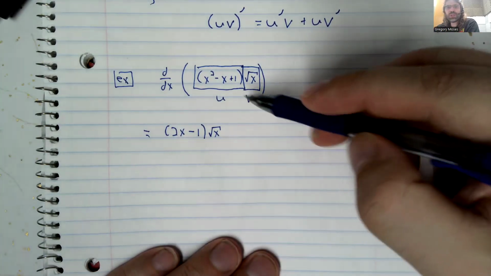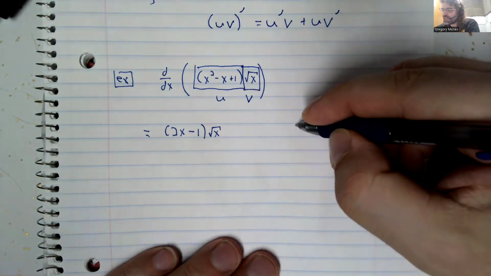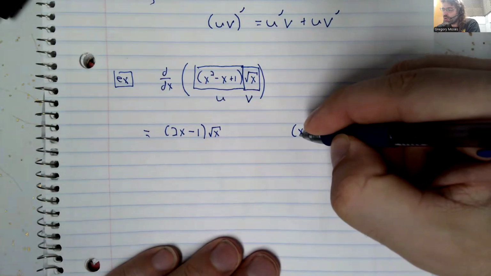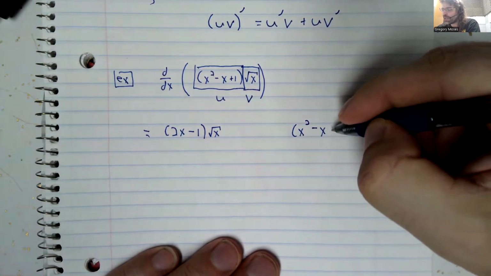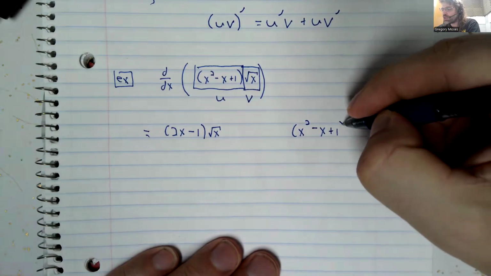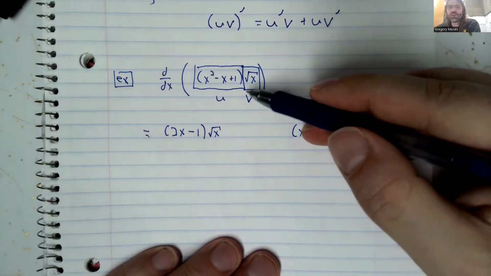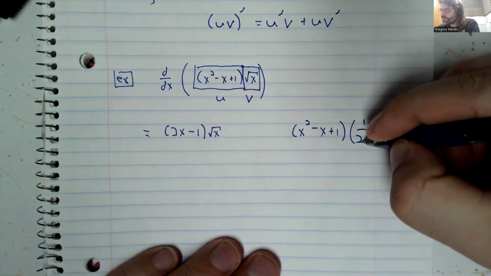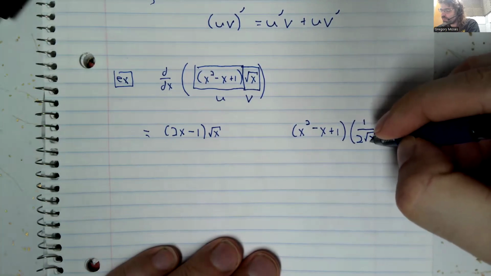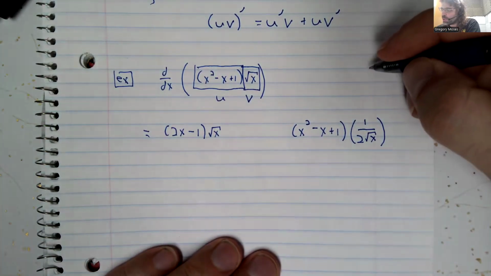And then we reverse what we're taking the derivatives of. That is to say, we leave the quadratic x squared minus x plus 1 alone. We take the derivative of the square root of x, which is 1 over 2 times the square root of x.